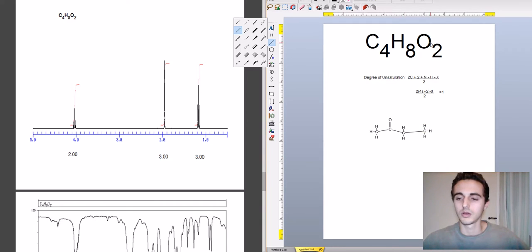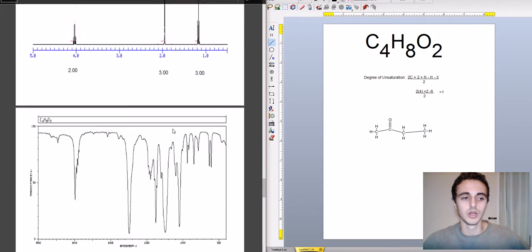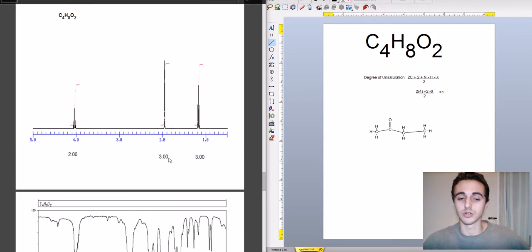Cool. 2 oxygens. 1. Oh, we messed up. So it doesn't show up in here, and it doesn't show up in here. So now it's up to us to figure out where it should be and what would make it align with what our data shows. So this 4 down here, the 2 hydrogen here, this carbon does not have enough in it to pull it down to this ppm down here.